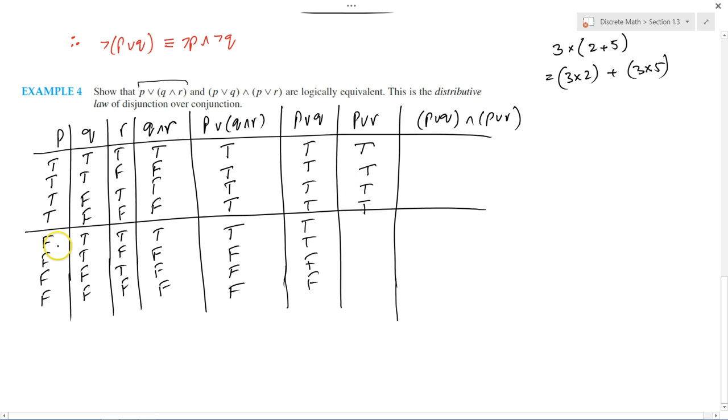And let's look over here. True, false or true is true. False or false is false. False or true is true. False or false is false. And this is the second last column. And now we need to look at these two columns, and calculate the conjunction between them.